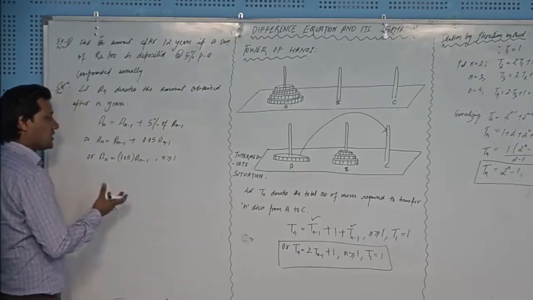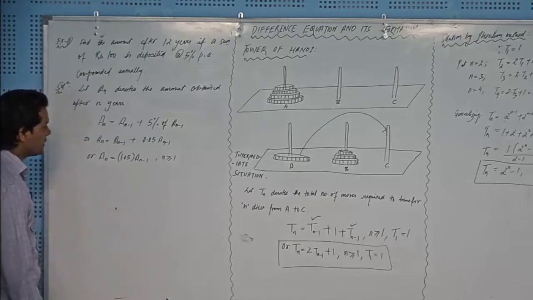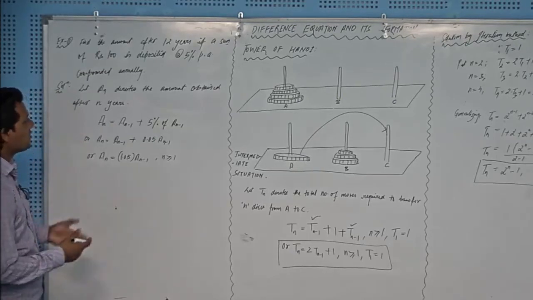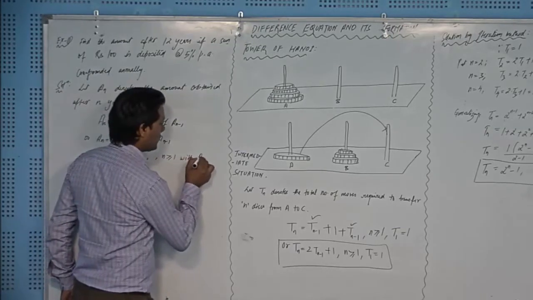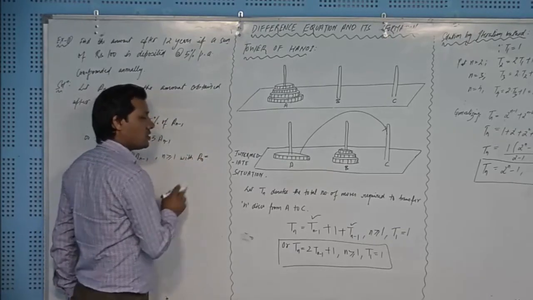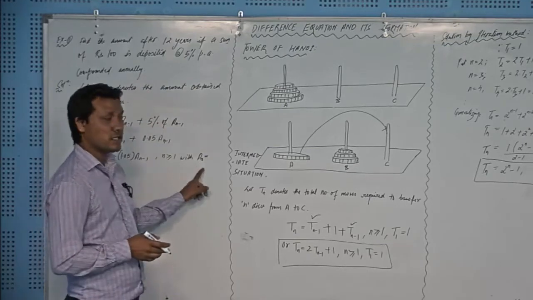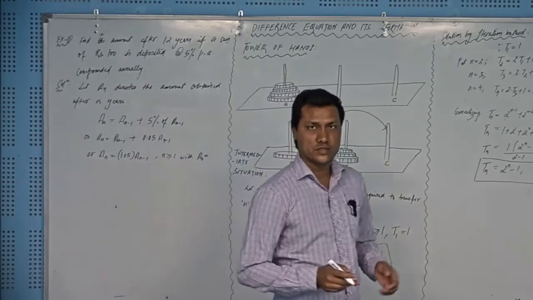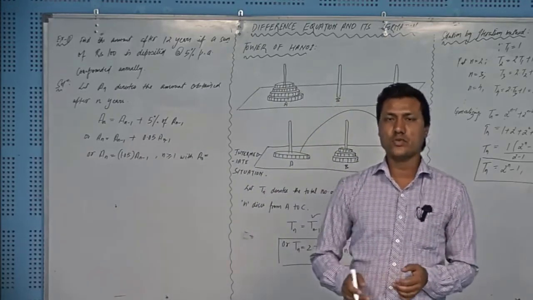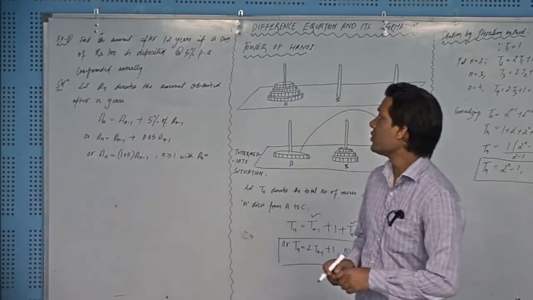And one more thing, where is the initial condition? Again, the point is that the initial condition can be obtained by thinking this thing with a_0. And what is this a_0? a_0 indicates the amount obtained after 0 years. It means the principal, the amount you deposited in the bank, and that's called the principal amount.